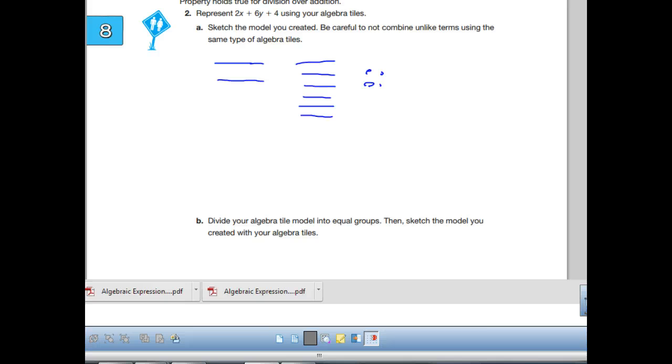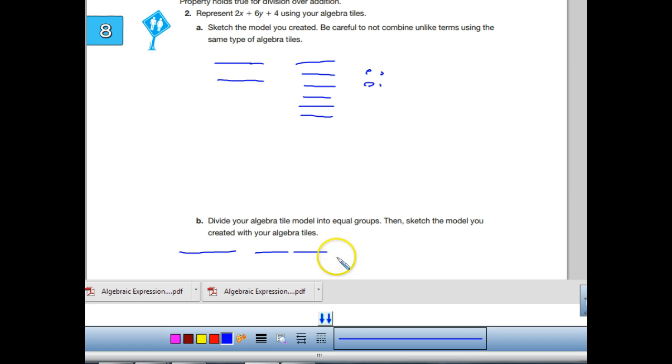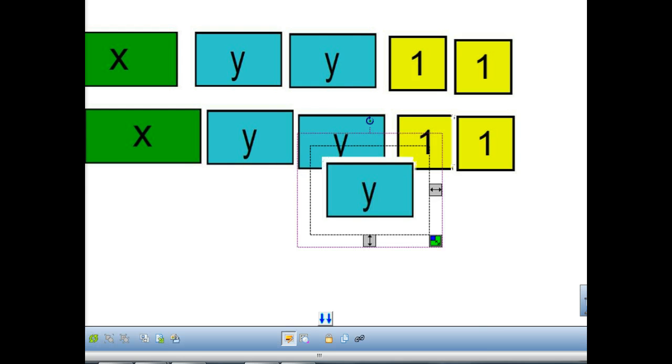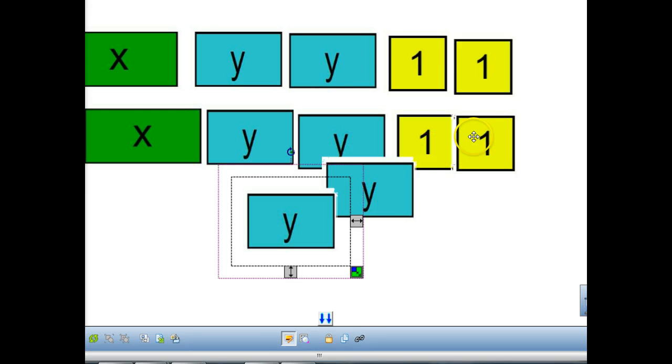So here's my model. What I'm going to have is an x. I'm going to have three y's, right? Is that what I had? I didn't have enough y's, did I? Whoopsie. I forgot to have 6 y's on here.